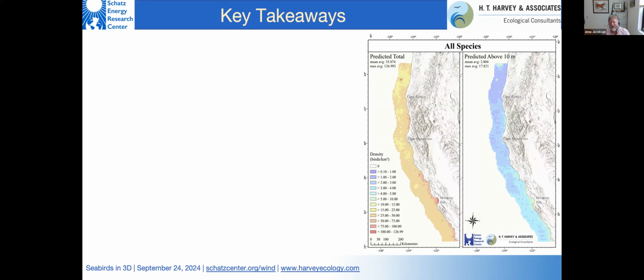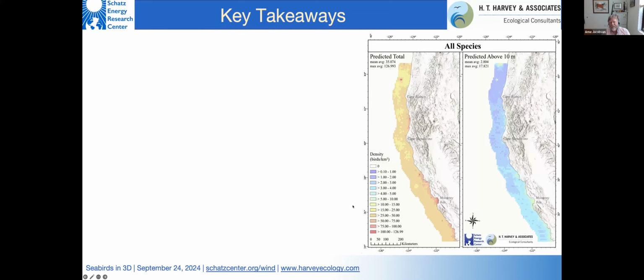There were 44 species included. And the left side version of that, which in the offshore area shows colors more in the orange and yellowish part of the spectrum, corresponds to seabird densities in the area I'm showing here.